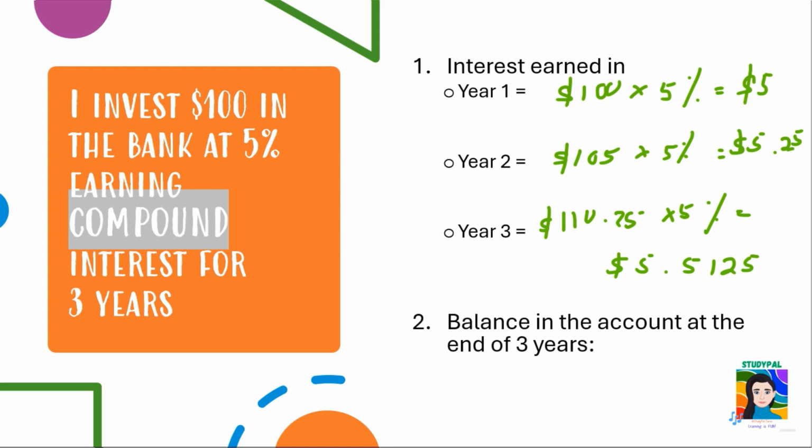So you can calculate it by adding 5.25 and 5.5125 to $100, or else it's simply $110.25 plus 5.5125, which will be 115.7625. So $115.76. How did I calculate that? This plus this.